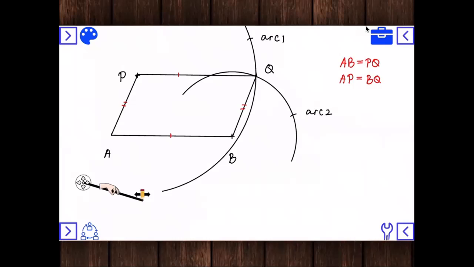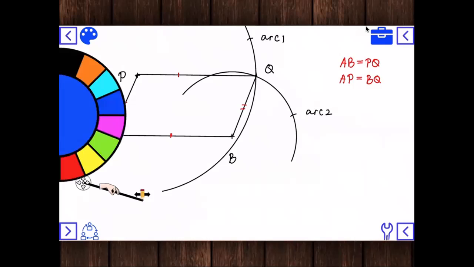What's the condition? Listen carefully, please. If in a fourgon, the 2 sets of opposite sides are equal, which means if the opposite sides have the same lengths.